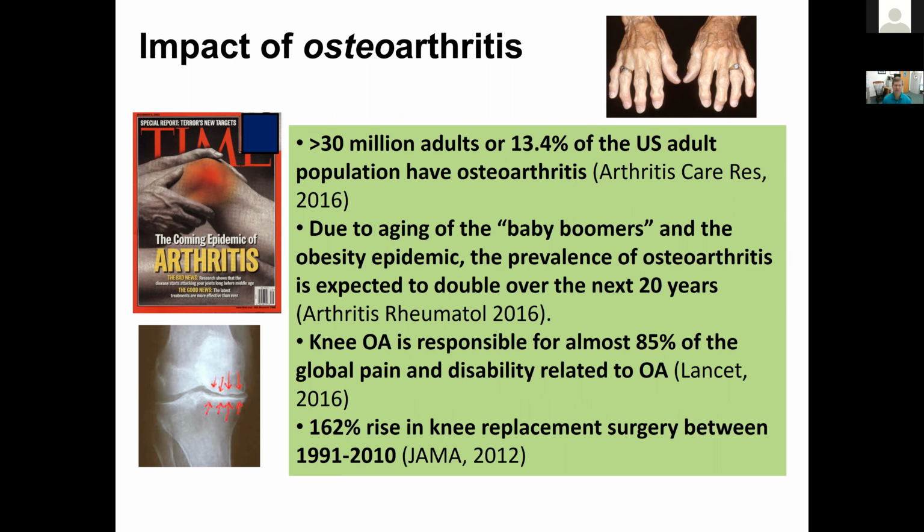And a lot of the drugs that have been tested that would be classified as disease-modifying osteoarthritis drugs, or DMOADs, have failed in clinical trials. And as we'll discuss, one of the reasons may be because these drugs aren't being targeted to the right subgroup of people with osteoarthritis, and that's where phenotyping might play an important role.